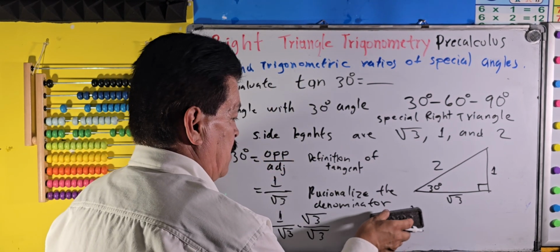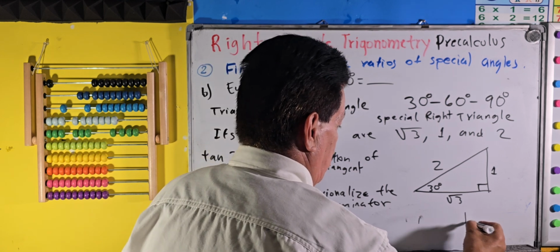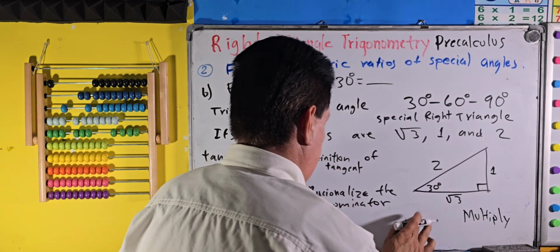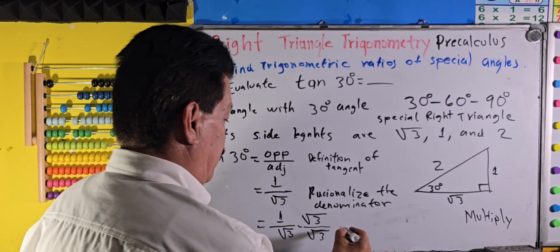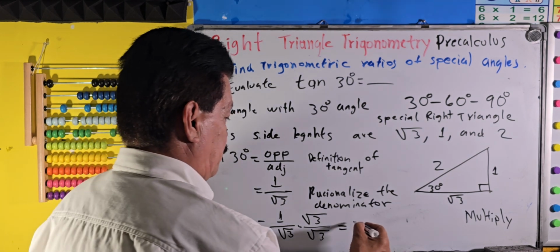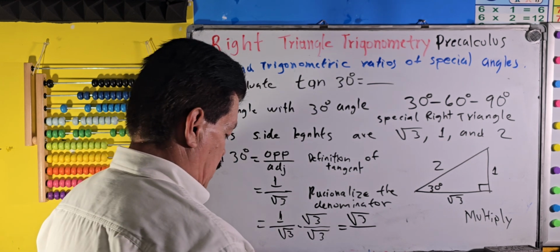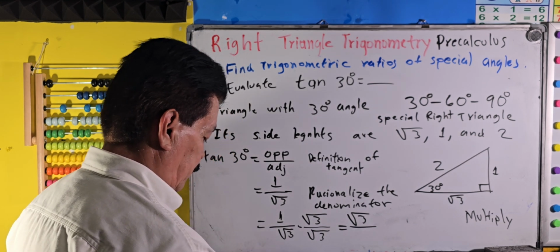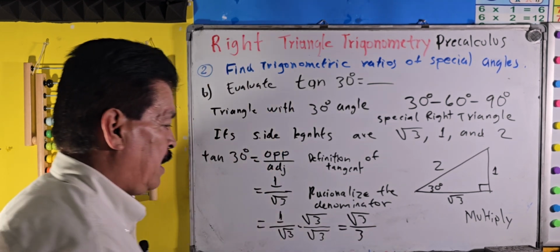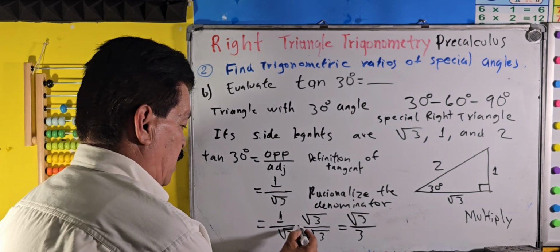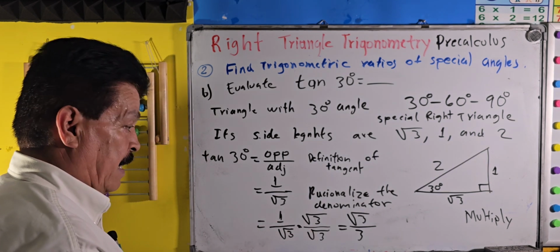So let's do the step where we multiply. So we will have equals square root of 3 divided by 3, right? Yeah, it cancels because this is multiplied right there.